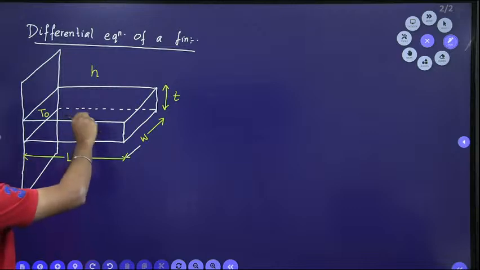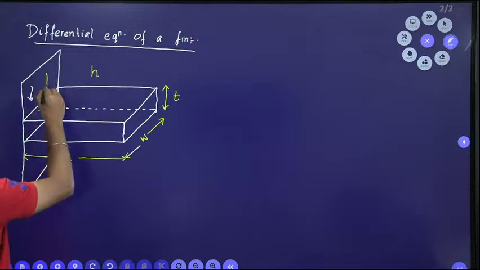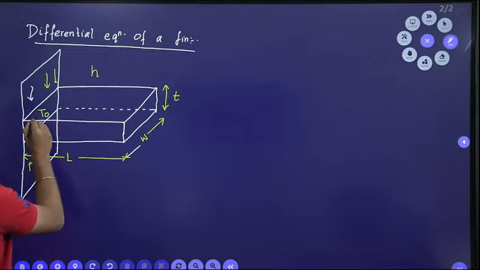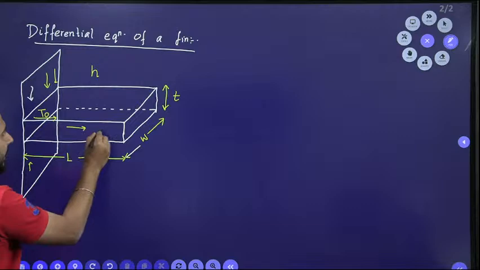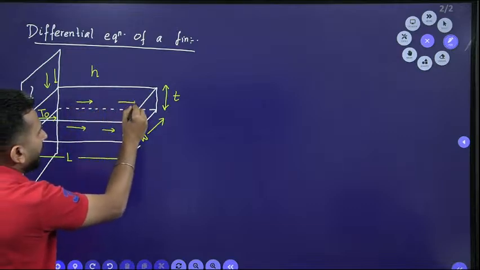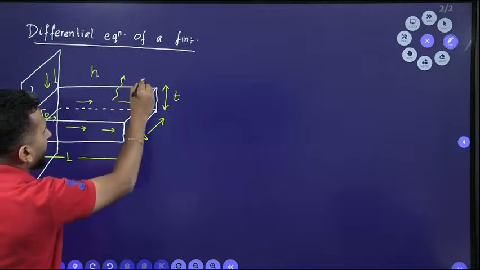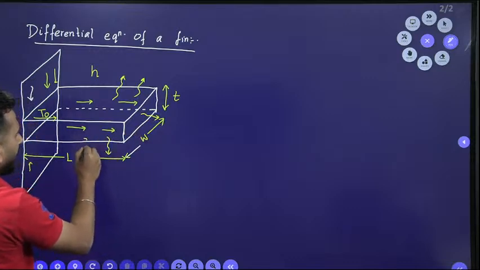Obviously your surface is very hot. This means from here, from every side, heat is coming and it is getting conducted through this fin, and ultimately from the surface of the fin convection is taking place. From all the surfaces convection is taking place.